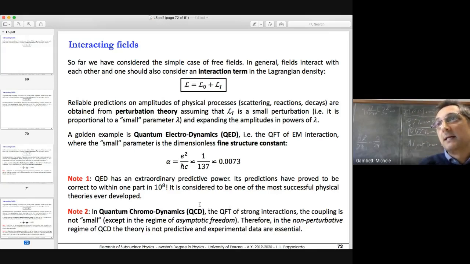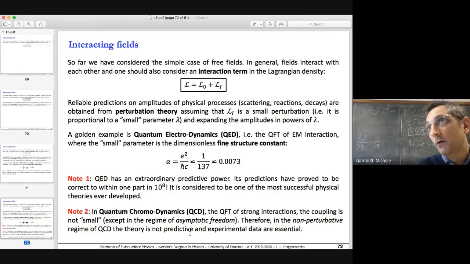To be more precise, as we will study, there are two regimes of QCD. The regime of asymptotic freedom, where the strong coupling constant becomes small and you can still use perturbation methods. And then we have the non-perturbative regime, the opposite, where the coupling constant becomes large, so you cannot use a perturbative approach. In this regime, QCD is not predictive at all.